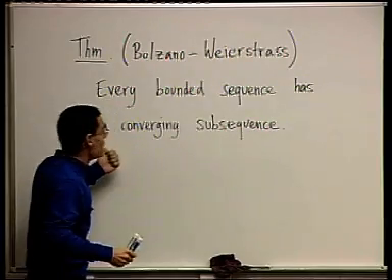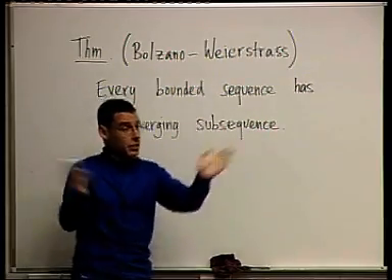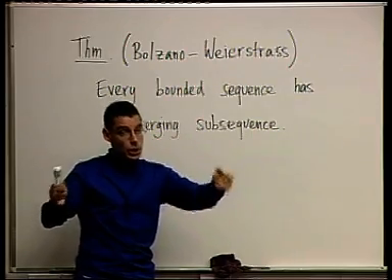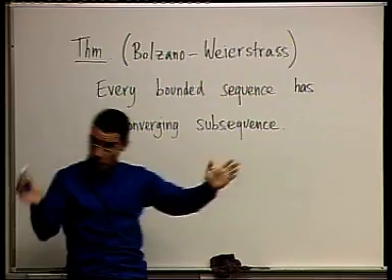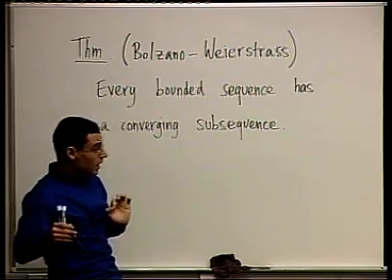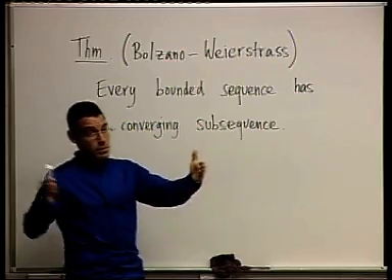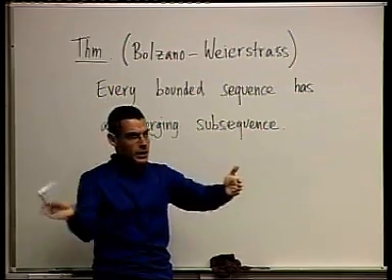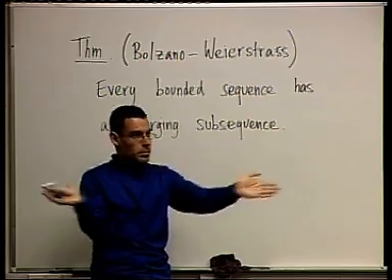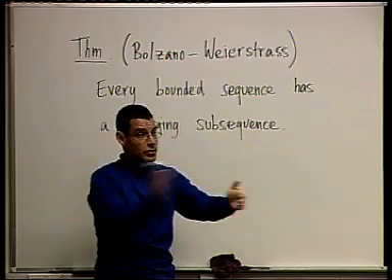And the claim is that somewhere in that interval, you can put your hand on a subsequence that converges. Not all the elements, but there's going to be a subsequence, and we know what subsequences are, in between those completely, oddly behaving elements that have no rule to them.